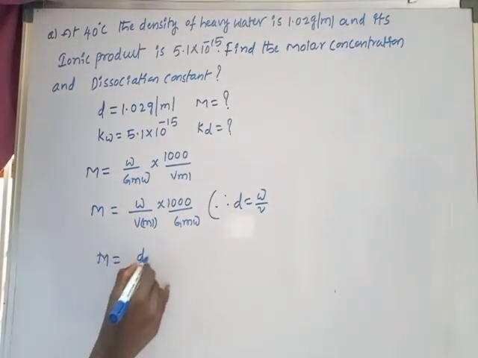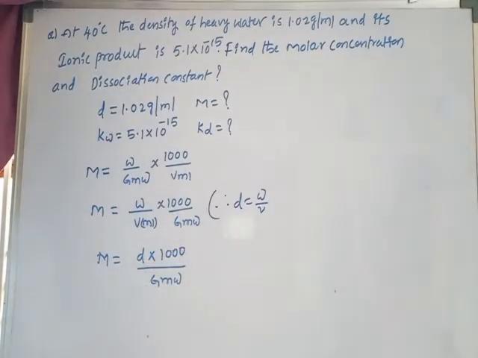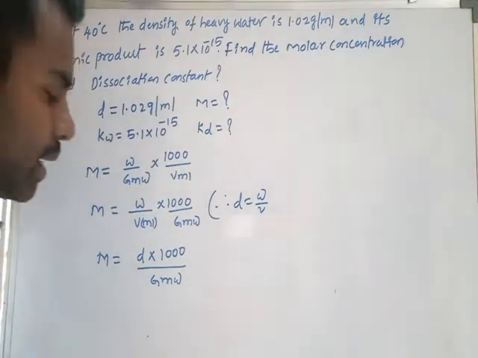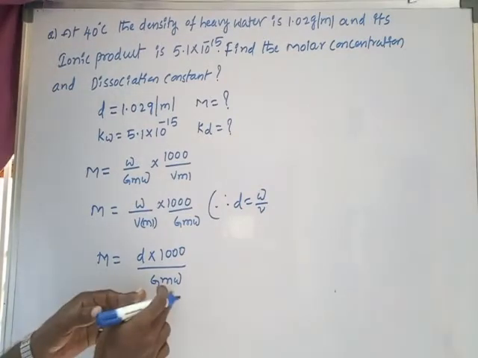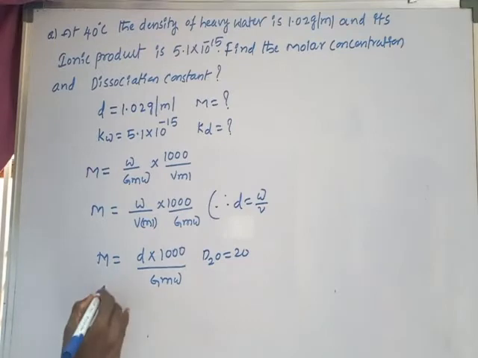Molarity equal to density into 1000 by gram molecular weight. Density is given as 1.02 gram per milliliter. Substituting, the gram molecular weight of heavy water D2O is 20.